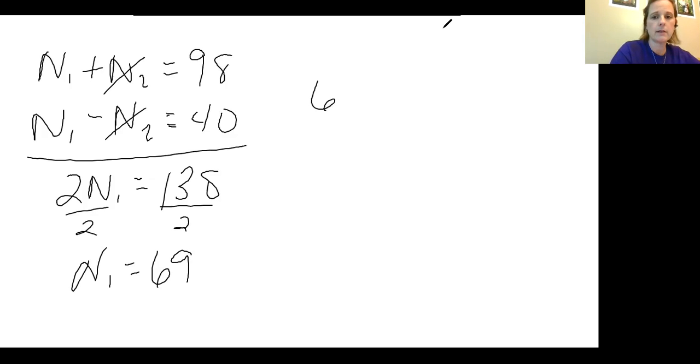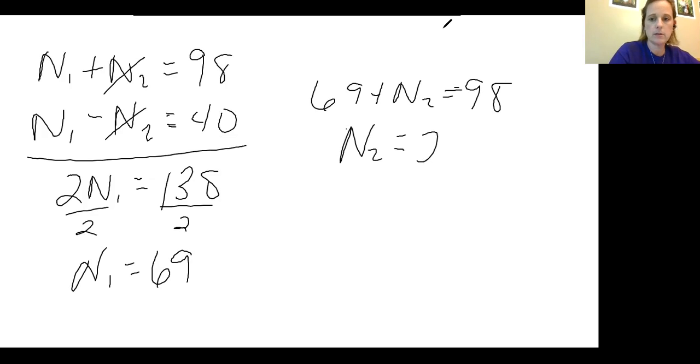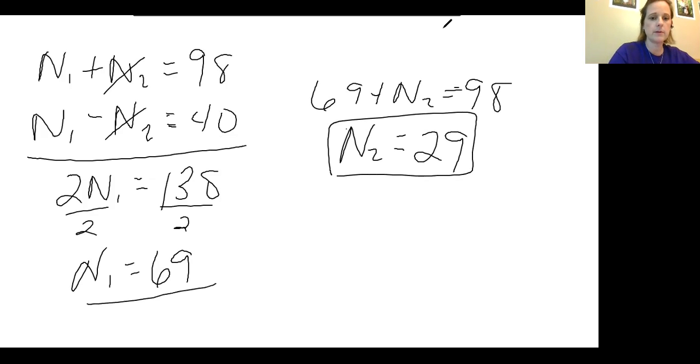If 69 plus the second number equals 98, then the second number must equal 29. So it also should stand to reason that 69 minus 29 should equal 40, because that's our second equation. And it does. So we have our first number and our second number.